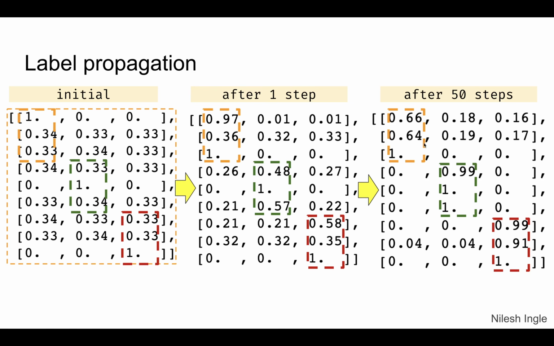After 50 steps, we see that there's a clear difference in the values. Here these have reached 0.66, 0.64, and 1. This is close to 1, and this is also close to 1, signifying that these data points belong to class orange, these belong to class green, and these data points belong to class red.